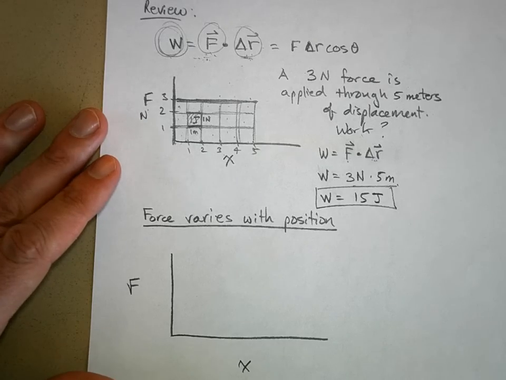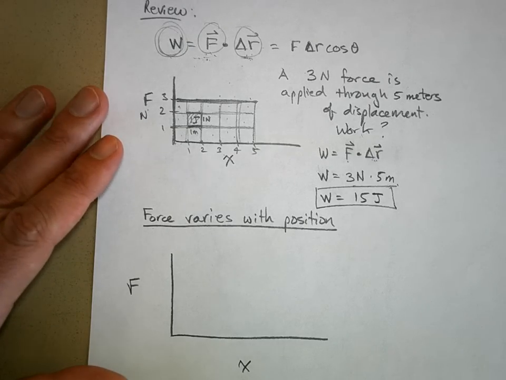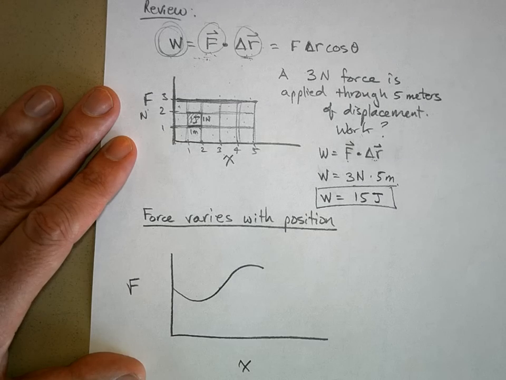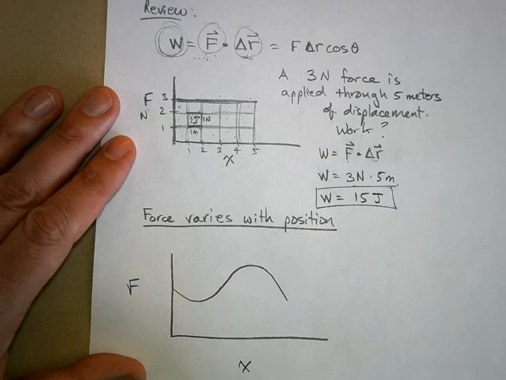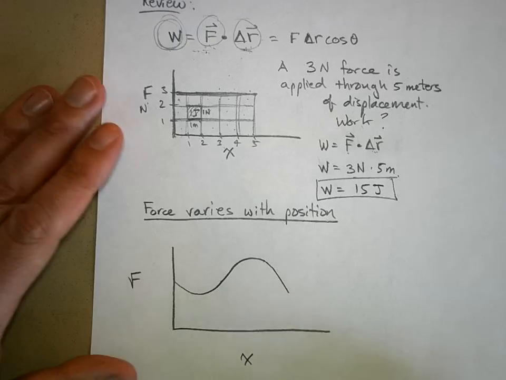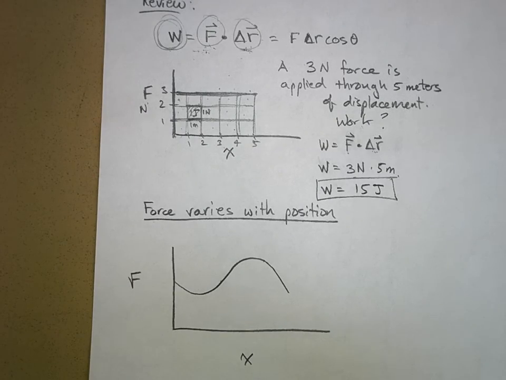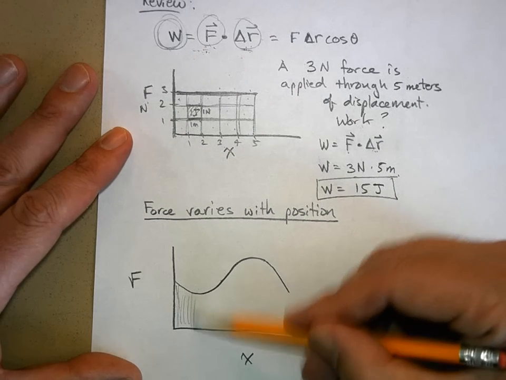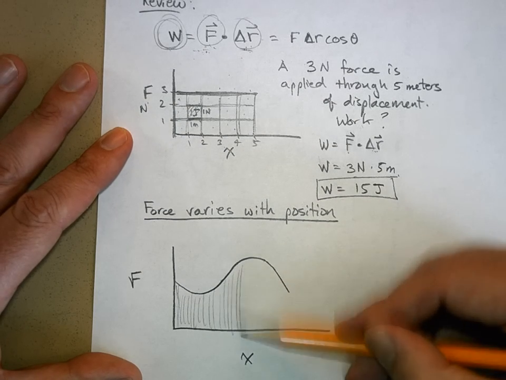So let's just make up some arbitrary force function. Might look like this. Okay. Now, how would you calculate the work done by this force? Well, what we're saying is that the work done is going to be the area underneath the graph.